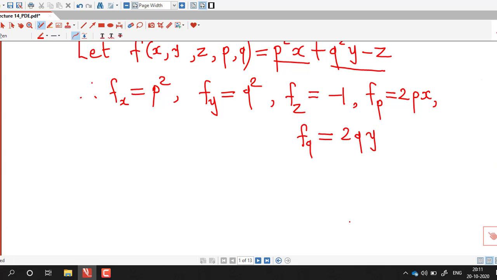So once we have the partial derivatives, we can write Charpit's auxiliary equations.